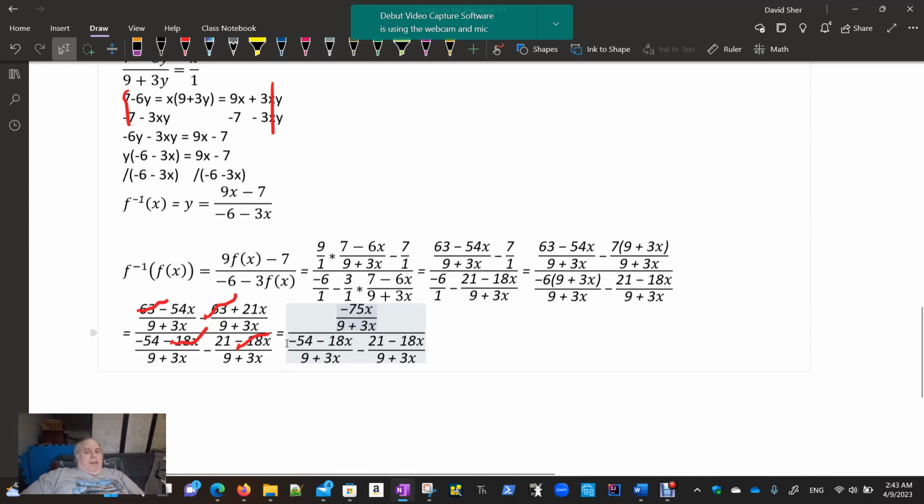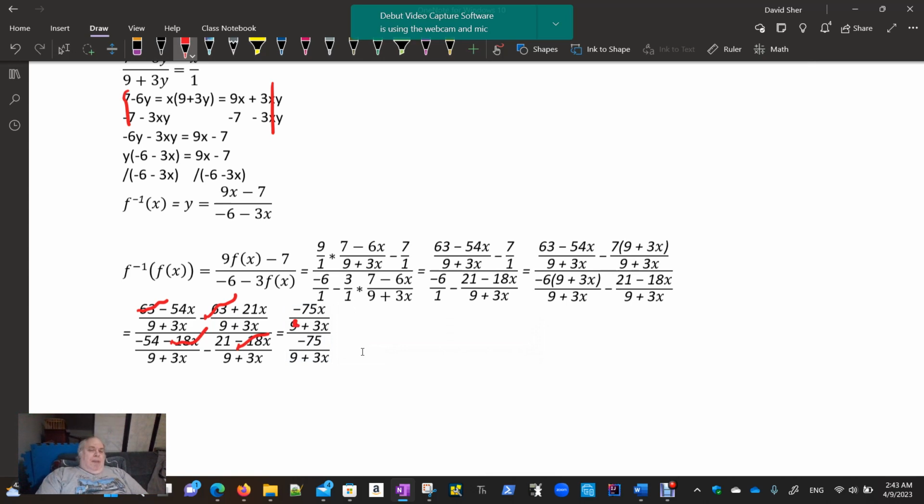Negative 54 minus 21 turns into a regular, no x, minus 75. Now, the 9 plus 3x is a factor. They cancel. The minus 75s cancel. So all that's left at the end is x. And that is the answer to question 3.